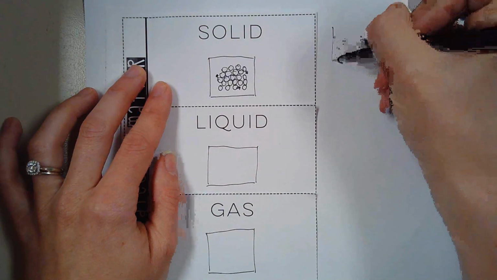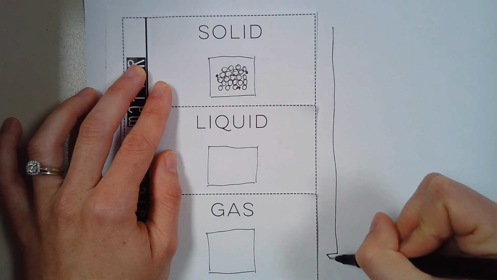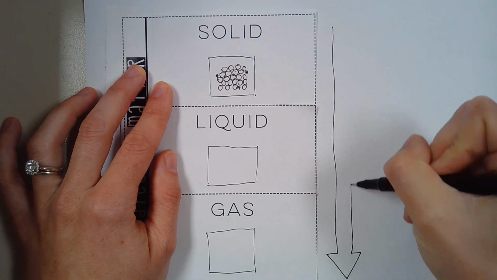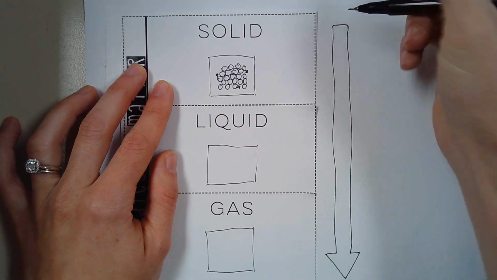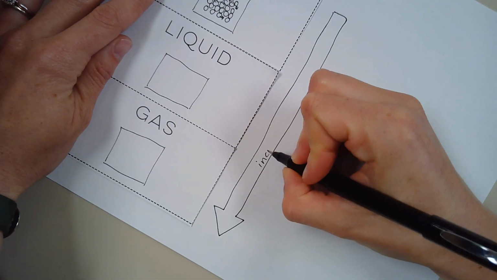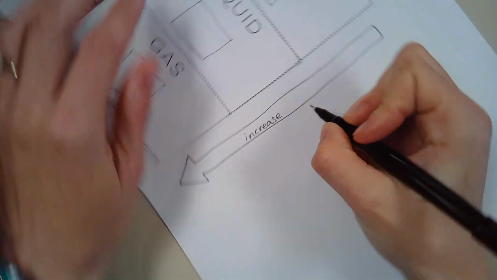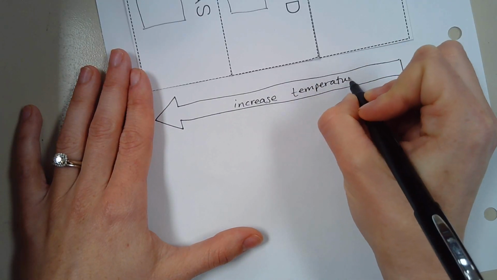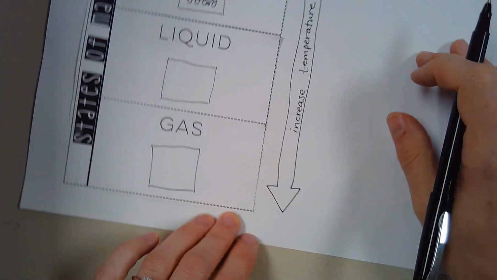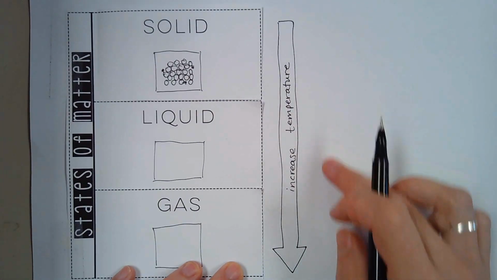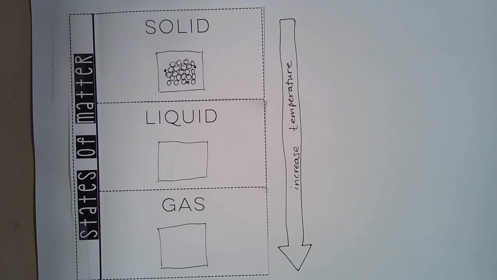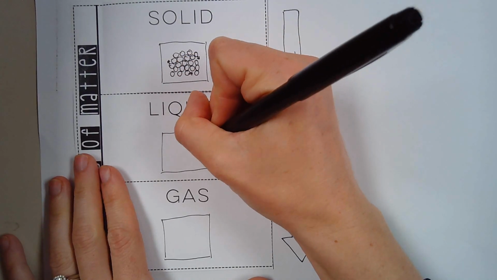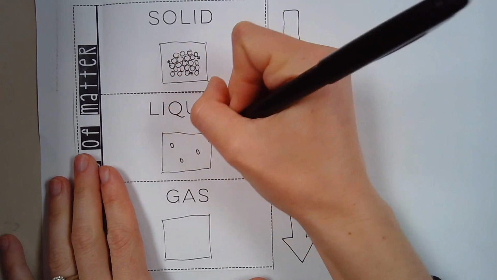Now, what's going to happen, and you can draw this on the side of your paper if you have this with you, is as we increase temperature. So as we're moving down, we're turning up the temperature. What that does is, when there's more temperature, it excites the particles in that substance.